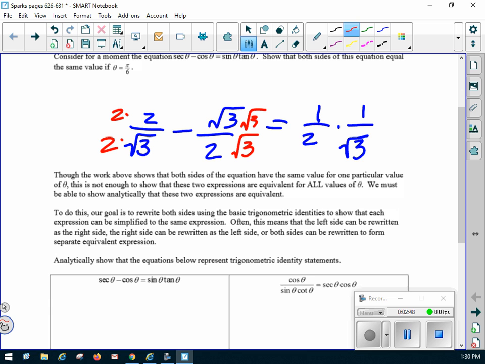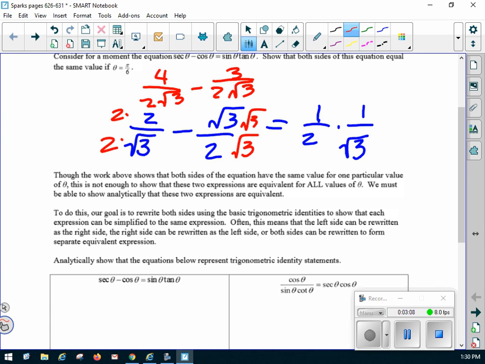What do I have on the left side? 4 over 2 square roots of 3 minus 3 over 2 square roots of 3.